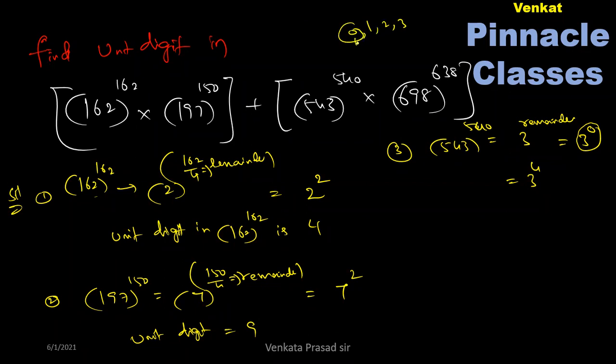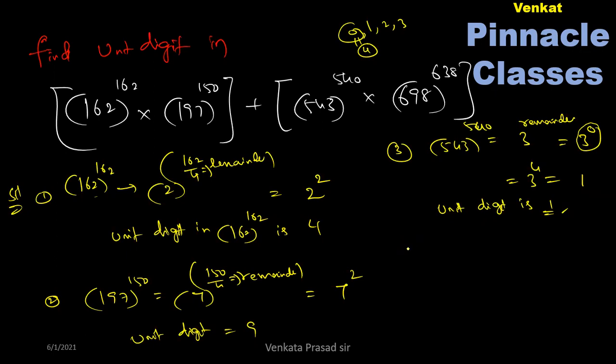In the place of 0 you can take 4. So 3 power 4 is 81, and the unit digit is 1. Otherwise, 3 power 0 is also 1.